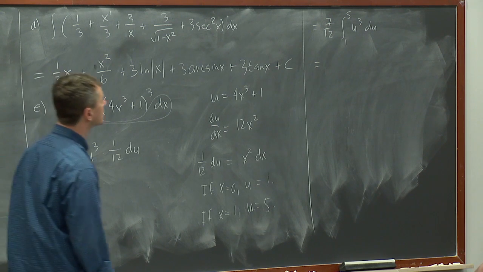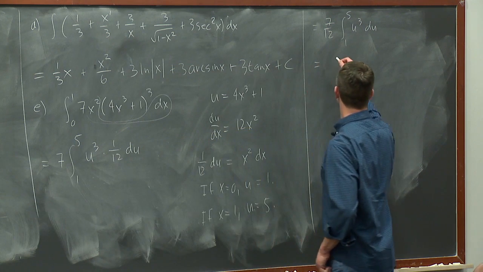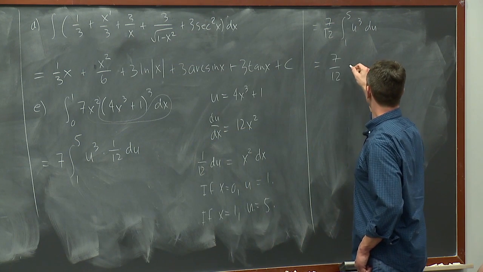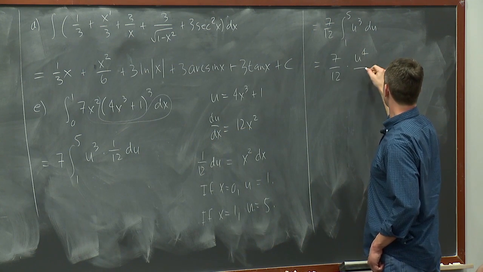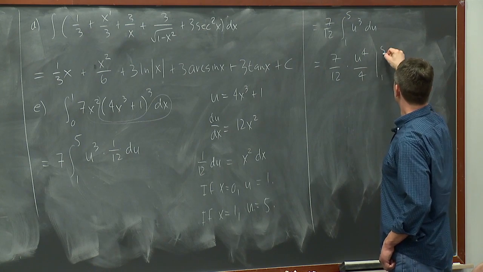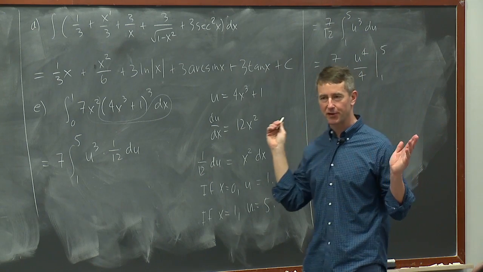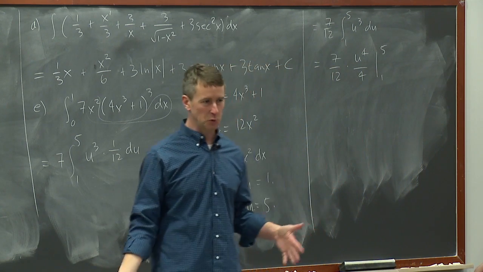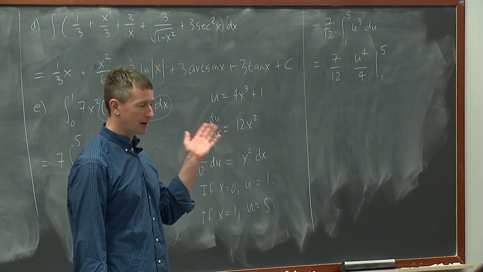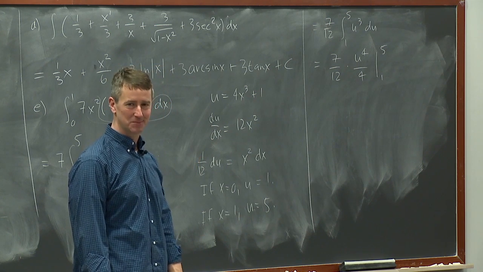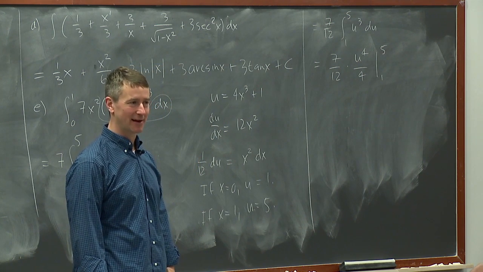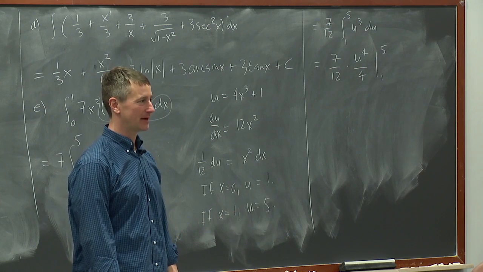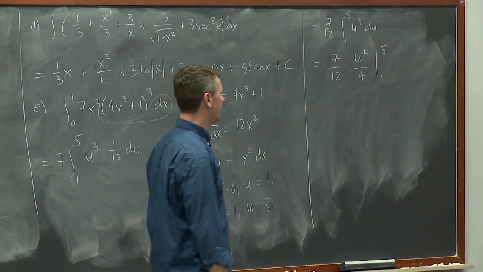Yeah. What's the integral of u cubed? u to the 4th over 4. Right? And remember, the fundamental theorem says, because you were able to find an antiderivative, you don't have to worry about all of those left-hand sums, right-hand sums, taking the limit of infinitely many rectangles. None of that stuff matters, all because we could find an antiderivative.